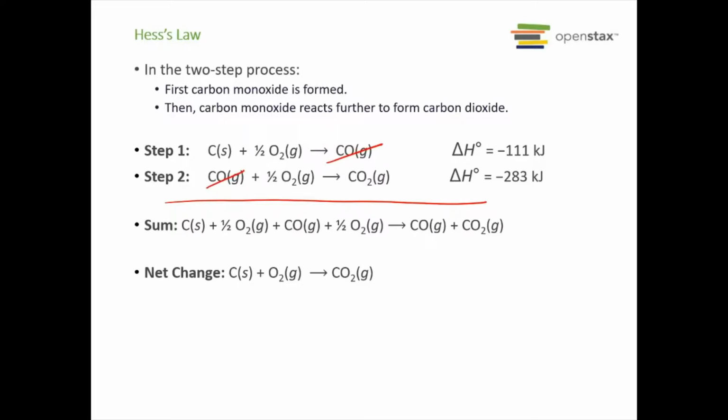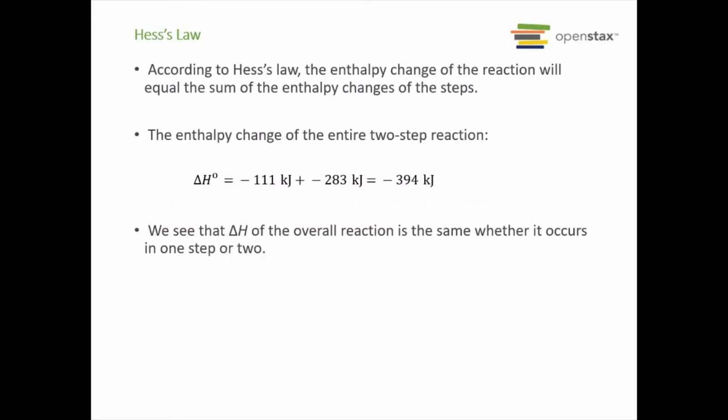This is kind of like what we did before with the half reactions. And then half an oxygen and half an oxygen form one oxygen. And we get the same net change as the overall reaction. And we also get the same delta H, negative 394 kilojoules, which is the same as the overall reaction.